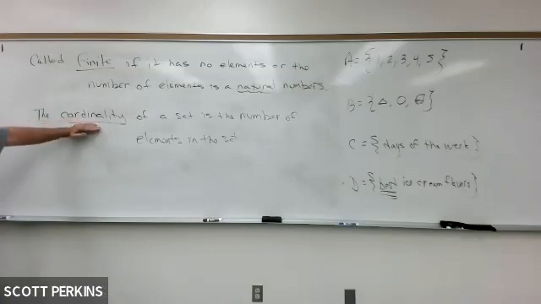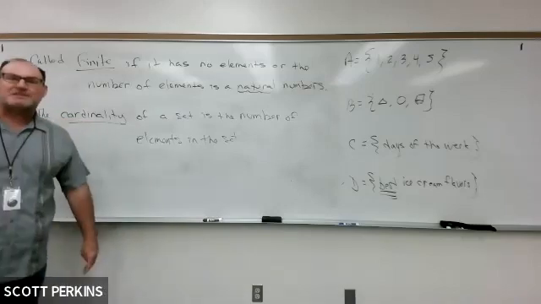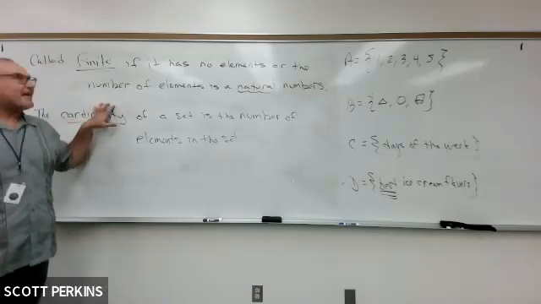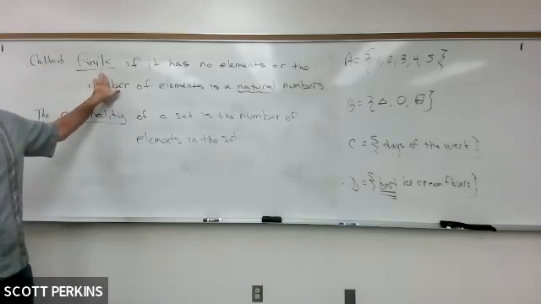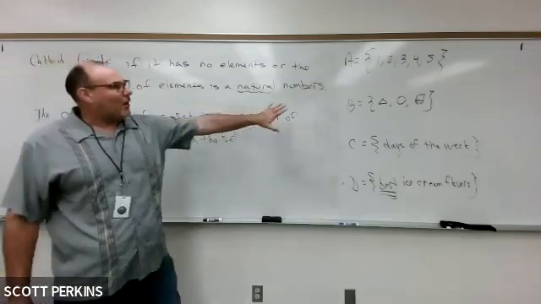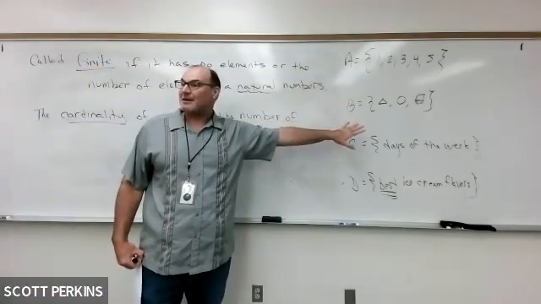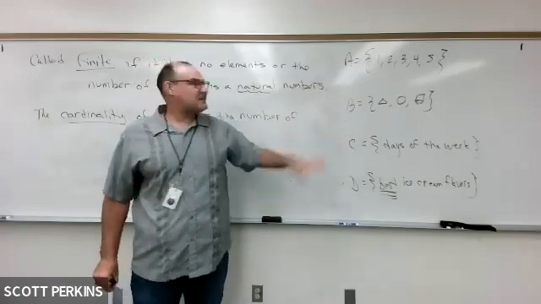So the cardinality is just a fancy word for counting up how many elements there are in it. And if you can come up with a number, then it is a finite set. So all 4 of those sets right there are finite sets. You're going to stop counting at some point.